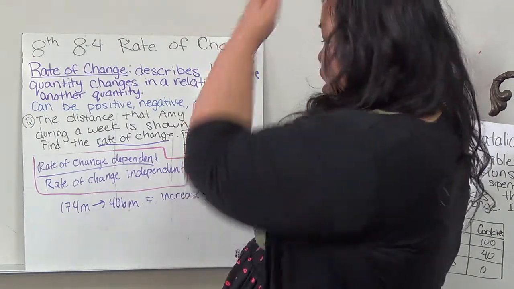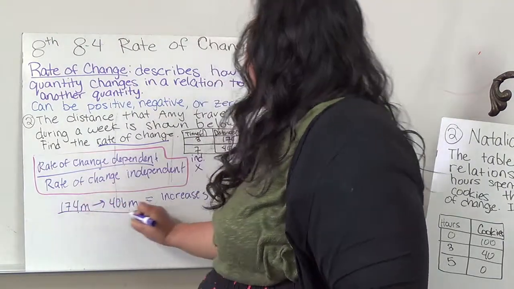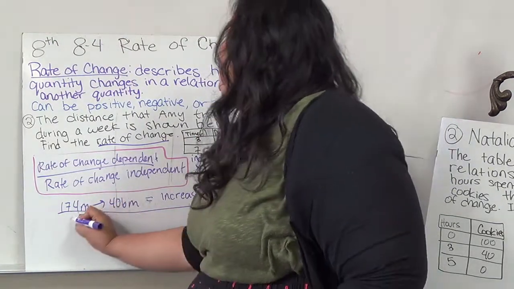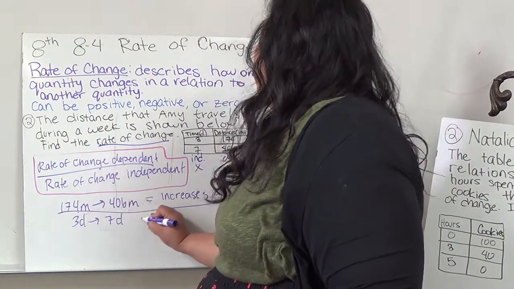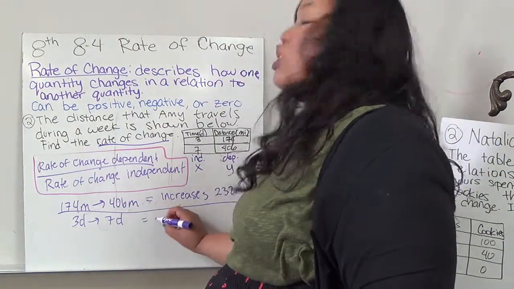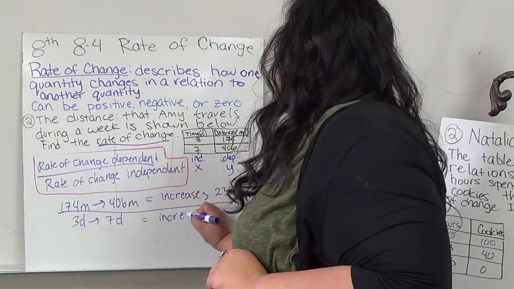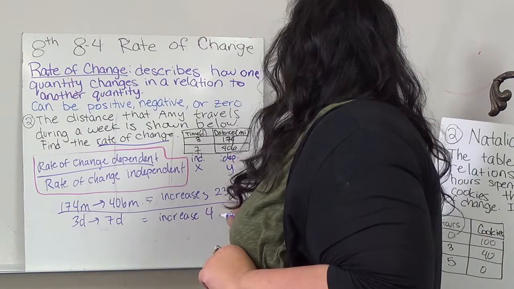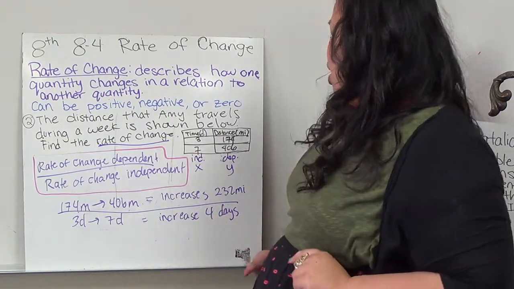So then, that's my dependent. It's going to be over my independent, which moves from 3 days to 7 days. So this also increases 4 days. If it was decreasing, then these would be negative values, but it's increasing.